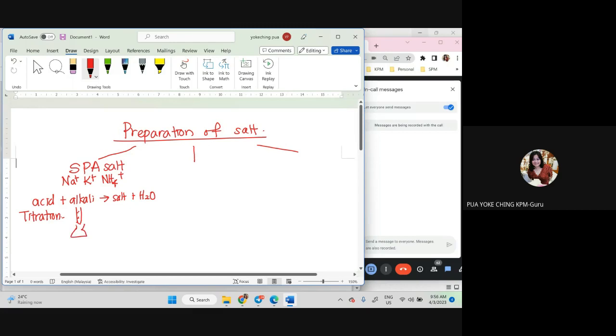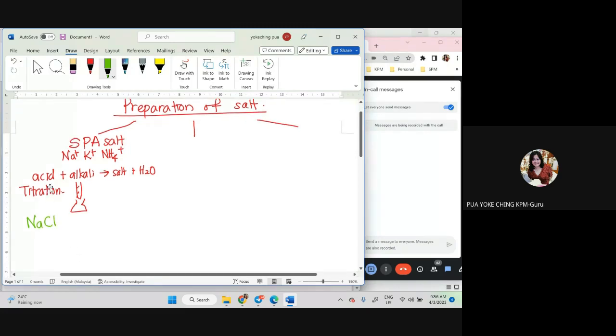So for example, let's say today I want to make NaCl. So the method: split this into half, at the front add OH, at the back add H+. OH-, H+. Then you need to know this is Na+, this is Cl-.